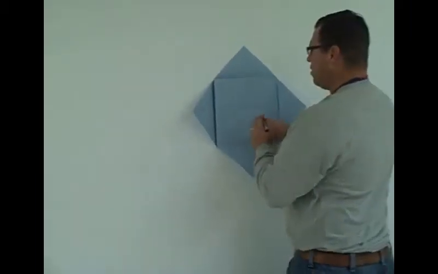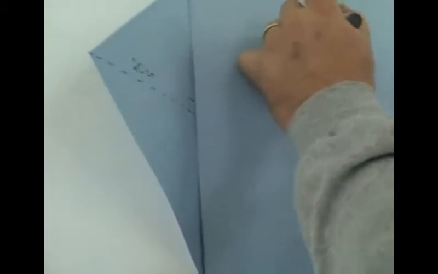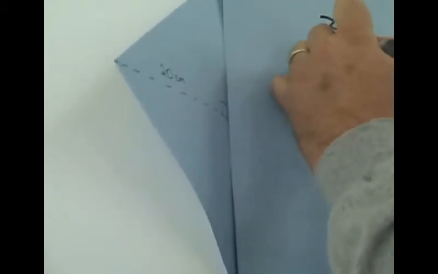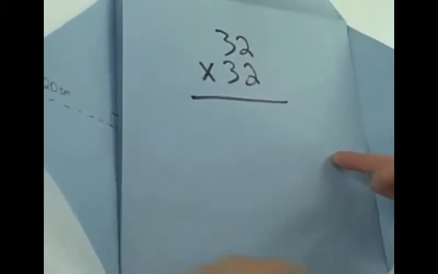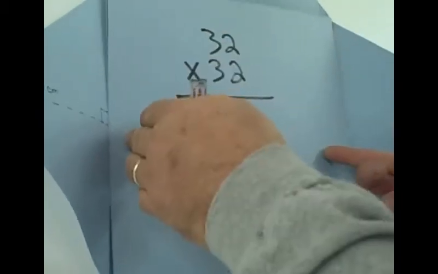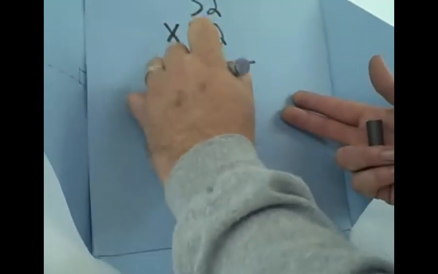All right, if you're going to be solving this problem, we need to find the area of our square. We're going to take 32 times 32. Each side measures 32 centimeters. We're going to multiply the base times the height of our square. 2 times 2 is 4. 2 times 3 is 6.